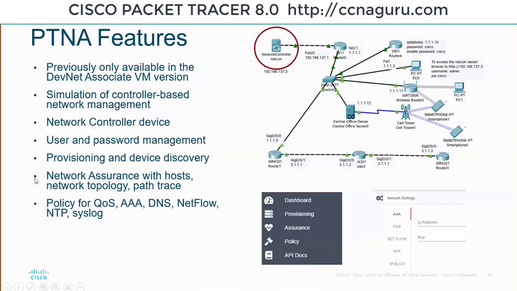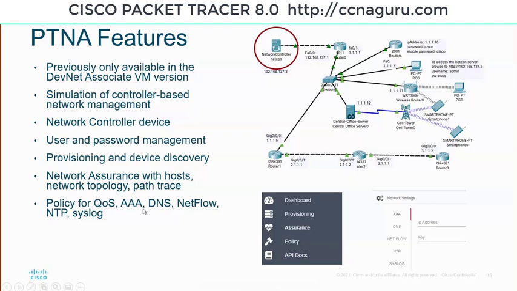It can also provide network assurance, with information about the end hosts, network devices, network topology, and also the path trace feature. And it also supports some set of network-wide configuration, like QoS, AAA, DNS, NetFlow, NTP, and syslog.